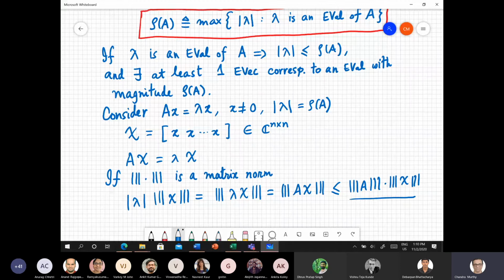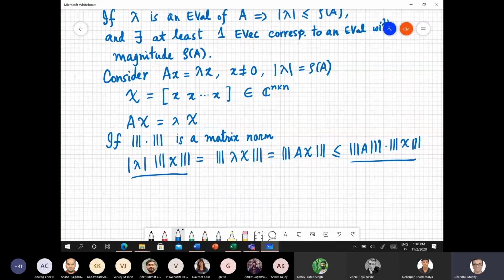So if I compare this last step with the first step, I can simply cancel out the matrix norm of X, and I have the conclusion that norm of A is greater than or equal to mod of lambda, which is rho of A.